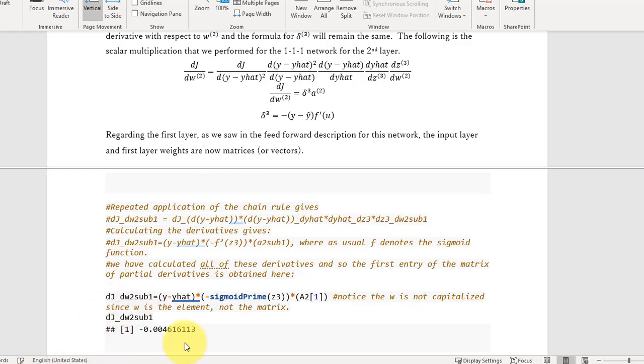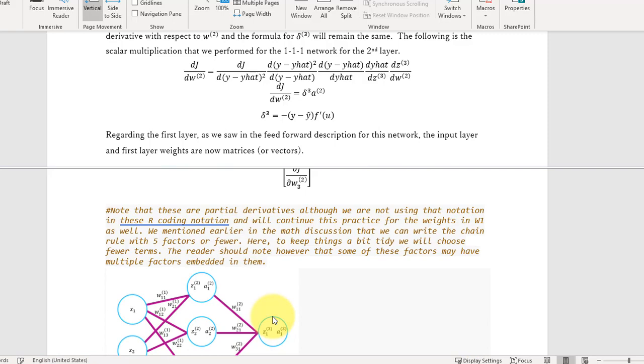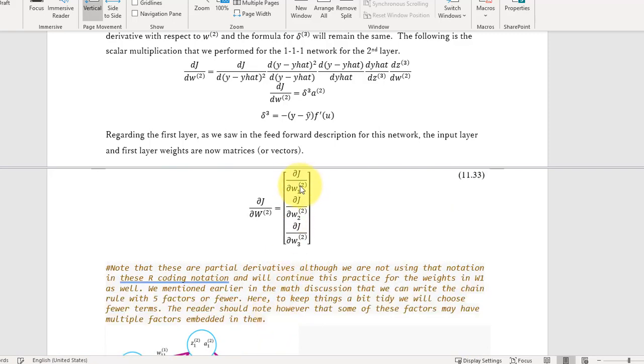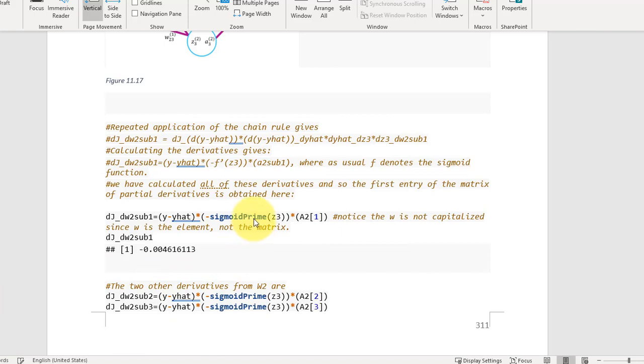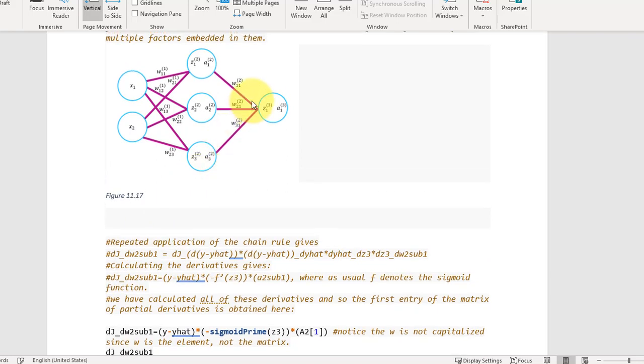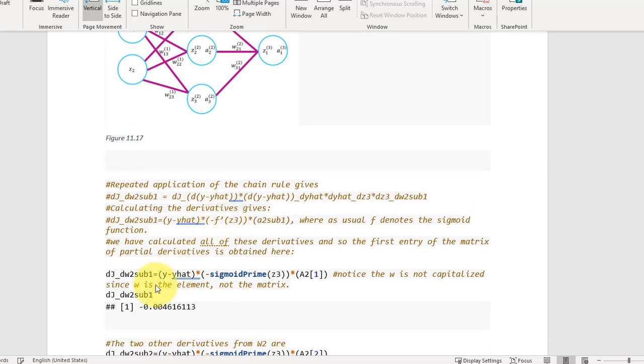So now we have this first derivative. We have the first entry in here. We just calculated this one. And given the current values of all this stuff, we could actually print this out, and this is what we happen to get. Now remember, what is this really going to tell us? This is going to tell us how to adjust this weight.